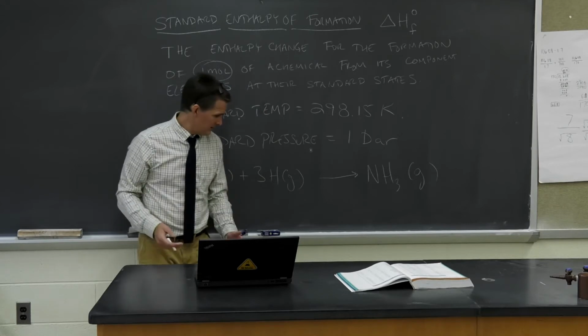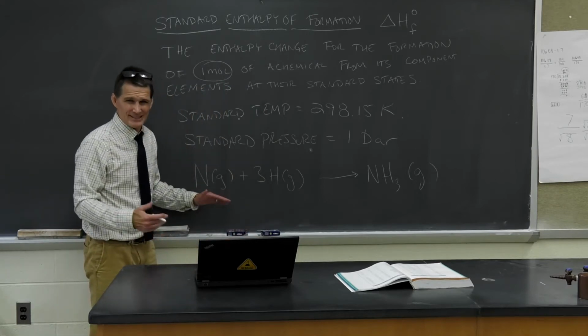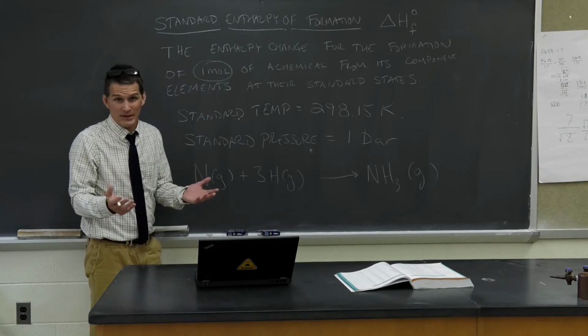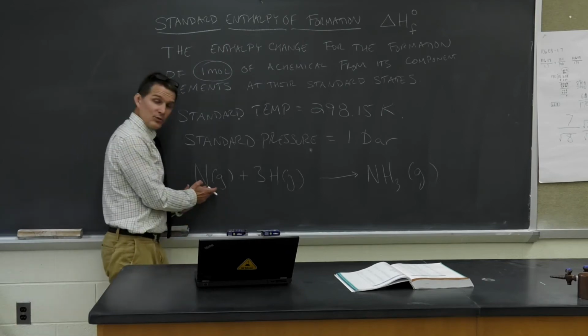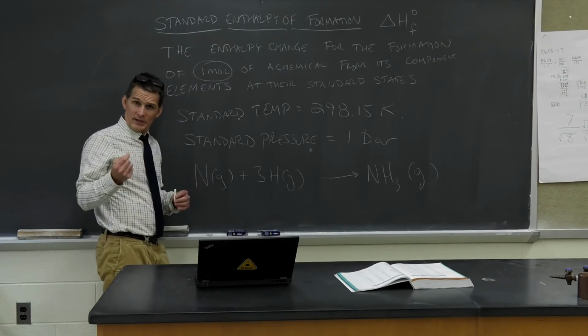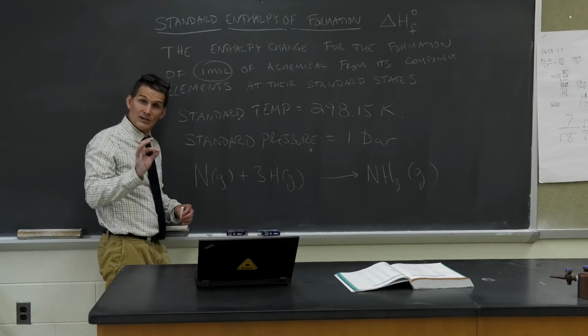The problem is this really doesn't exist in any large extent pretty much anywhere. It's a pretty exotic chemical species. This is not the way that nitrogen as an element tends to exist. You might remember me telling you that nitrogen in the air exists as N2 gas.